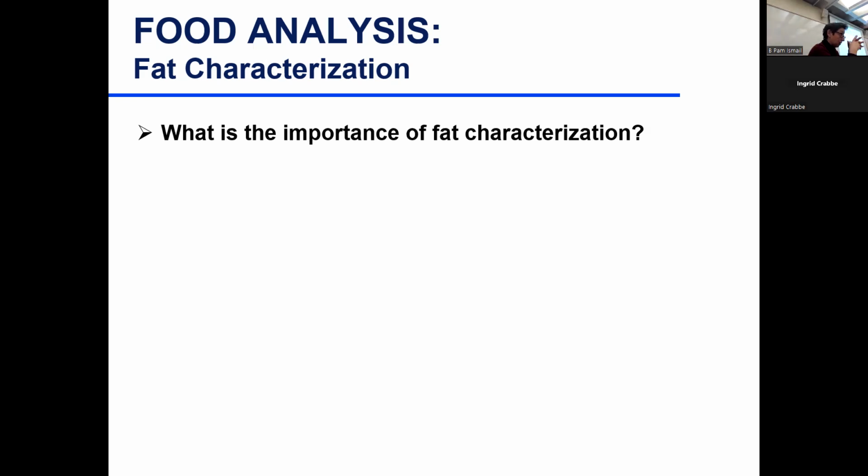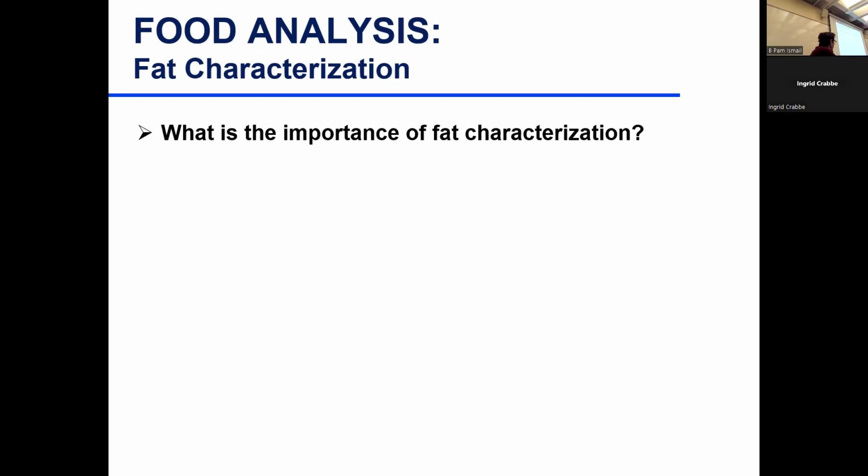Yes, characteristics of the oil that might impact functionality or behavior during processing. So melting point, smoke point, we'll talk about them a little bit, cloud point as well. So physical characteristics, and shelf life stability, like oxidative. Very good. Shelf life stability.